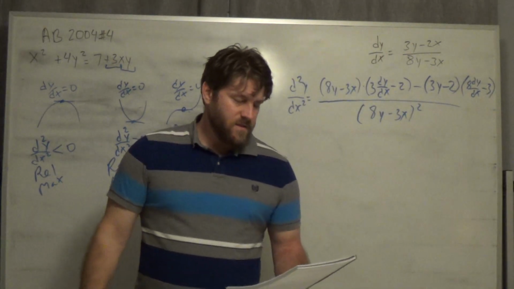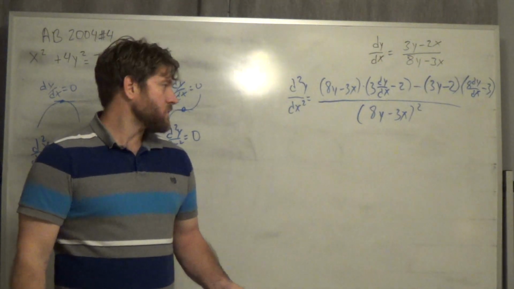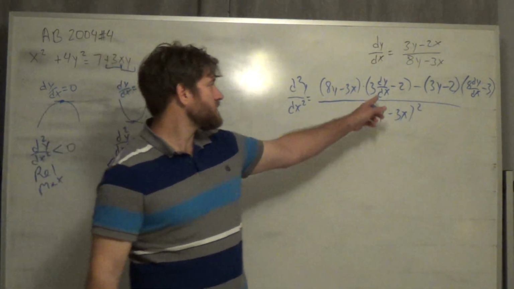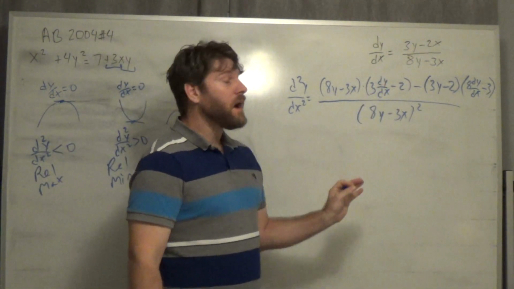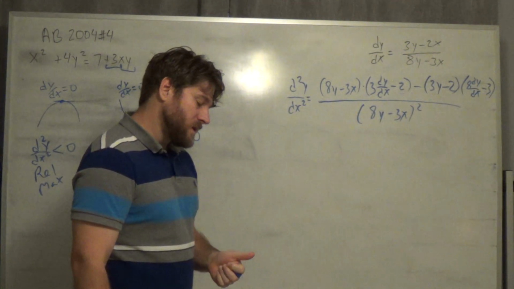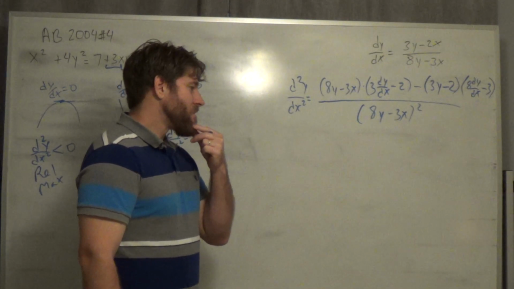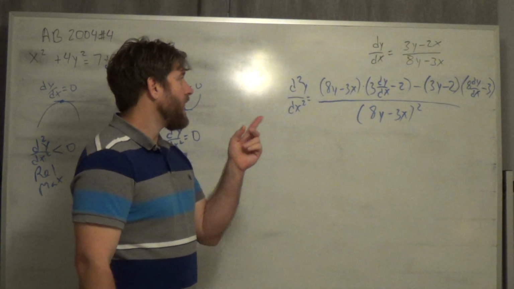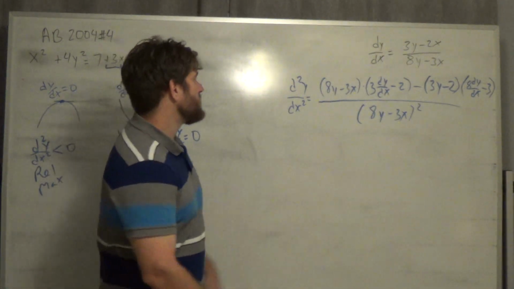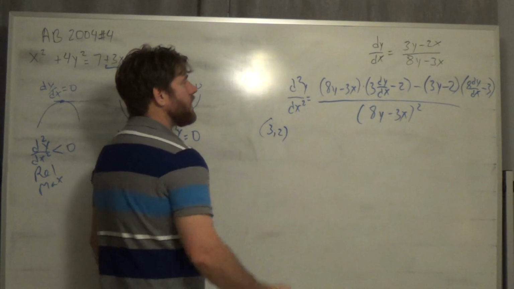So they say find the value of the second derivative at the point. Now, at the point means we don't have to replace the dy dx with all of this. But we are now going to have to plug in the point we found, which was 3, 2. I'm going to replace every x with a 3 and every y with a 2.